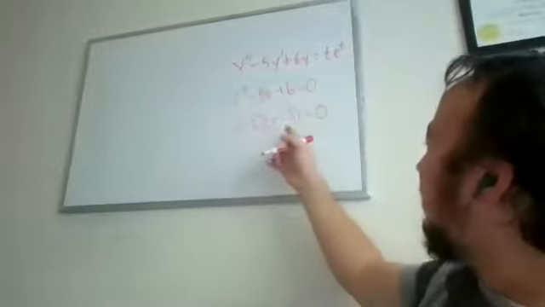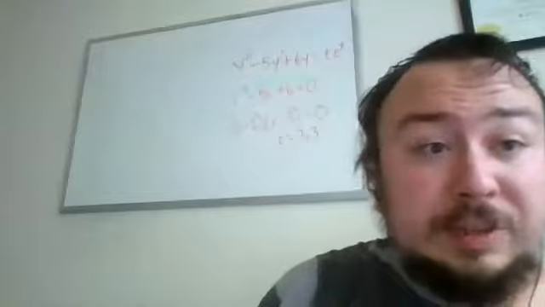This will factor into r minus 6 times, oh wait, what am I doing? That's not true. It'll be r minus 2 times r minus 3. There we go. Oh, I need to go back to algebra. So that means our r will be 2 and 3 here.